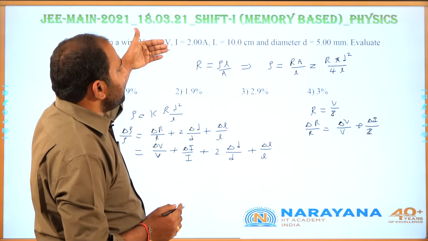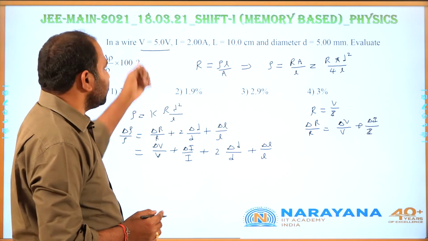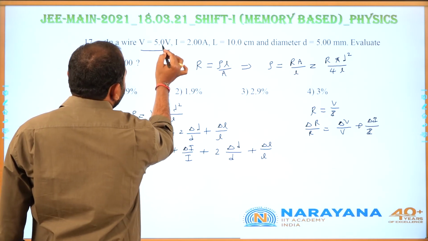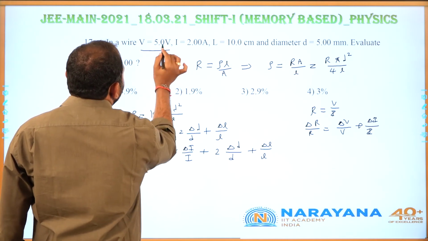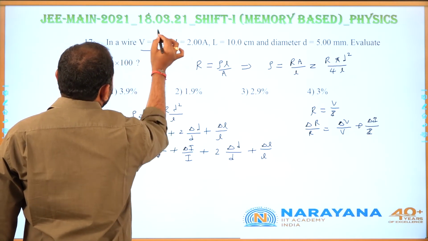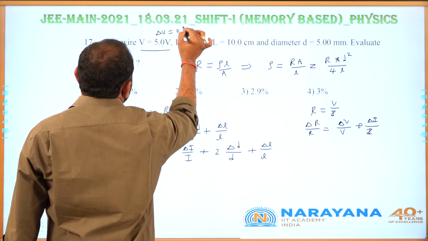Here the errors in the calculation of those quantities are not mentioned separately. In that case, we can take the last digit. After decimal, it is having one significant digit. So error in the calculation of V, delta V, can be taken as 0.1 volt.